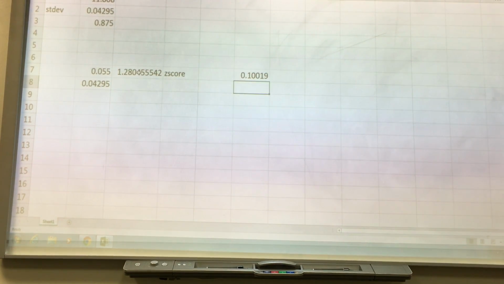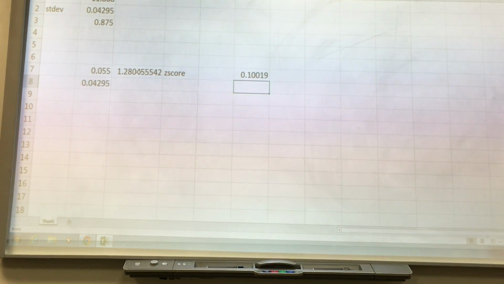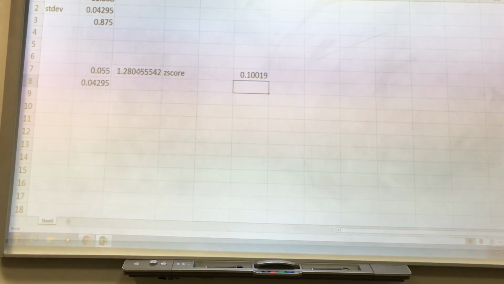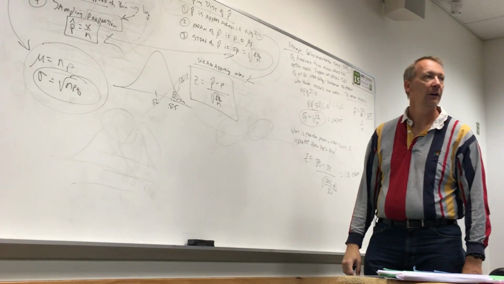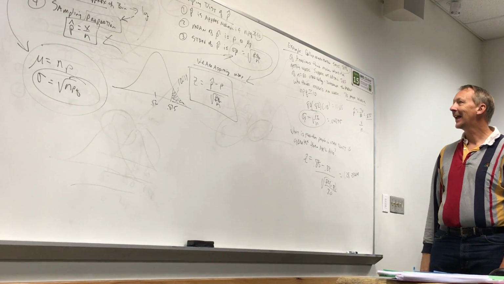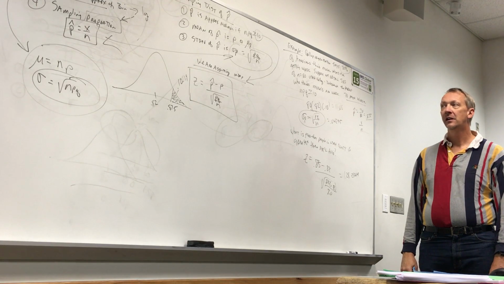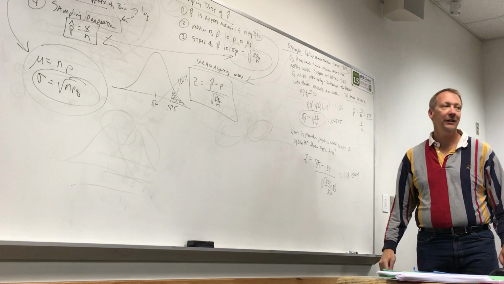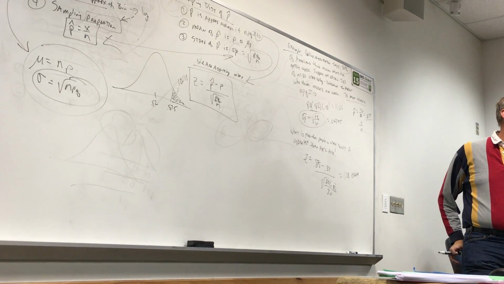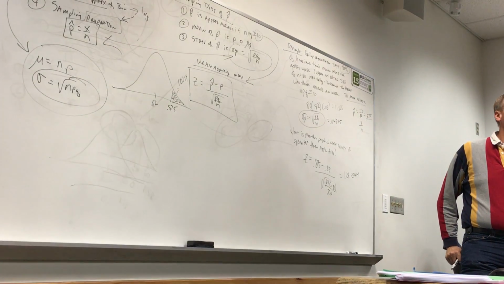Okay? I got a value that says the p-value in this case is 0.1001. All right, so in this case, do you think that there is a significant difference between people in Utah County and the rest of the nation?